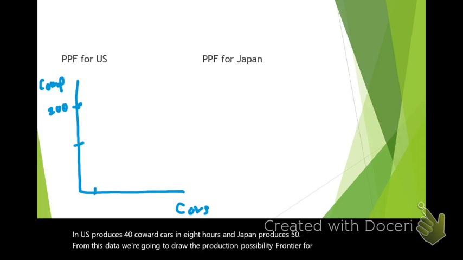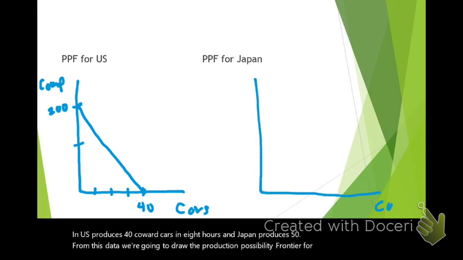And if they totally specialize in cars, they produce 40 cars. We're going to say the production possibility frontier is constant, a constant trade-off. We know usually that it's not at higher levels of production. There's a greater opportunity cost, but for the sake of this example, we'll draw our production possibility frontier as a straight line.